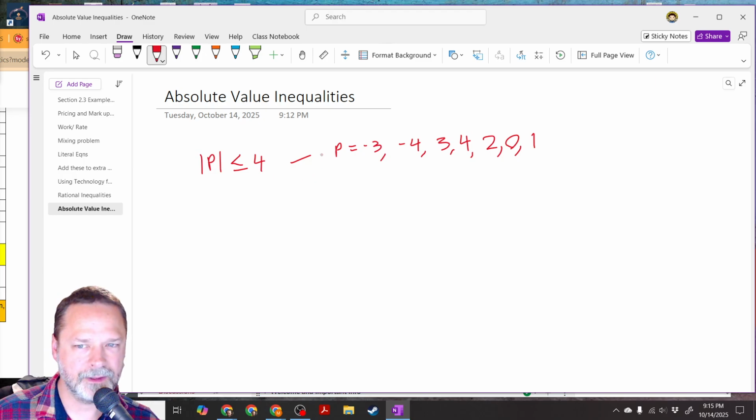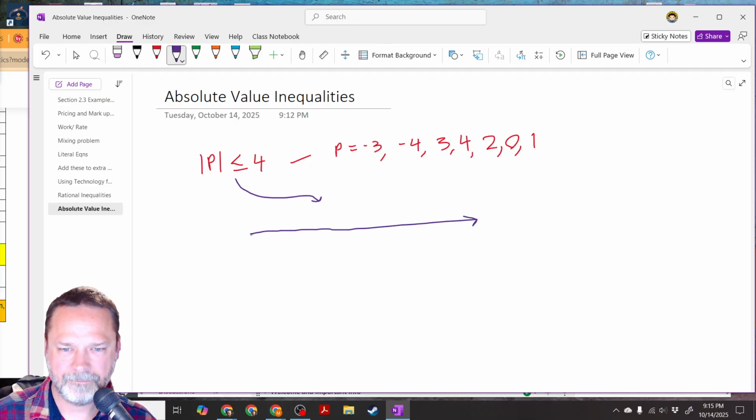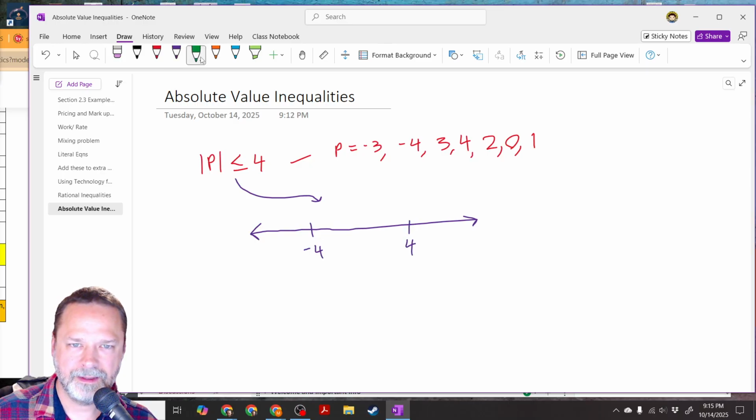And so fairly quickly, as we mess around with this, what we see is the solution, if I'm looking at these on a number line, is really going to be everything from -4 to 4. It's all of these values, and we'll include the ends because we have equality.